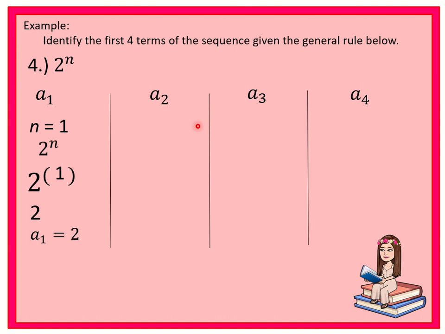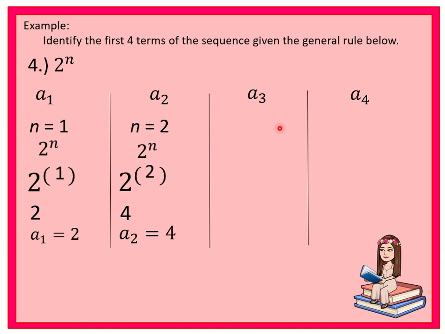Okay. Next, second term. Our n will be equal to 2. Then, copy natin yung general rule na 2 raised to n. So, copy ko yung 2 and then yung exponent na n, papalitan natin ng 2. So, we have 2 raised to 2. And 2 raised to 2 is 4. Therefore, our second term is 4. Next, third term.